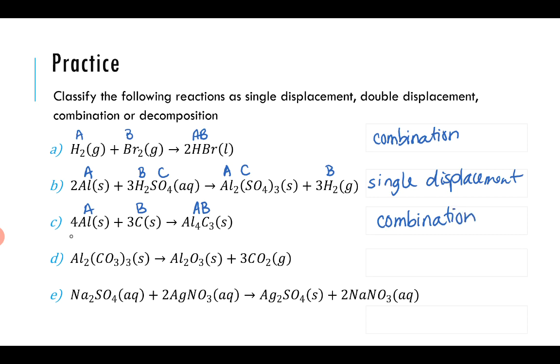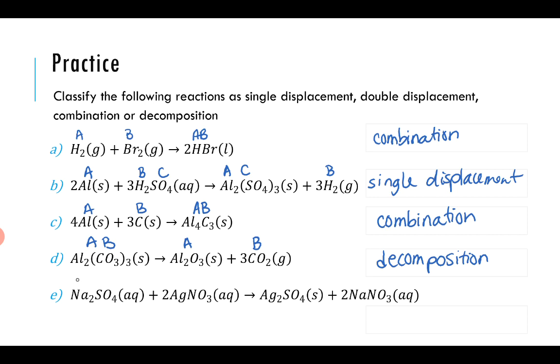Here we have one thing, and then it's splitting apart. It's splitting apart a little weird, but the carbon is over here, even though the oxygens get rearranged. And so this is a decomposition. We started off with one thing and we ended up with two things.